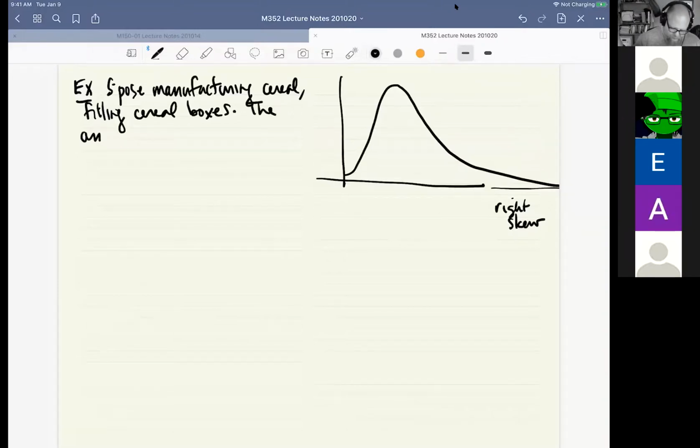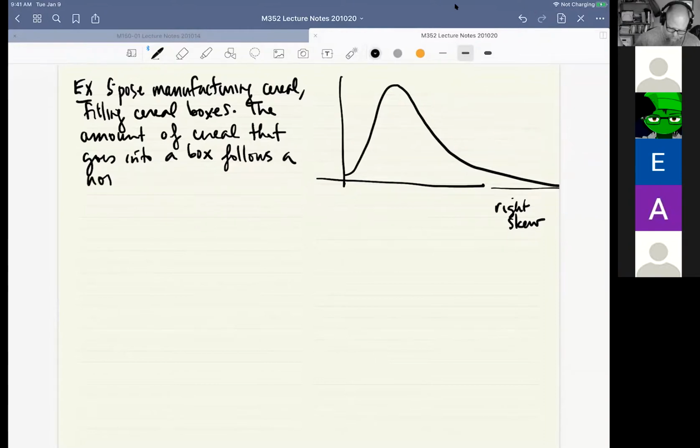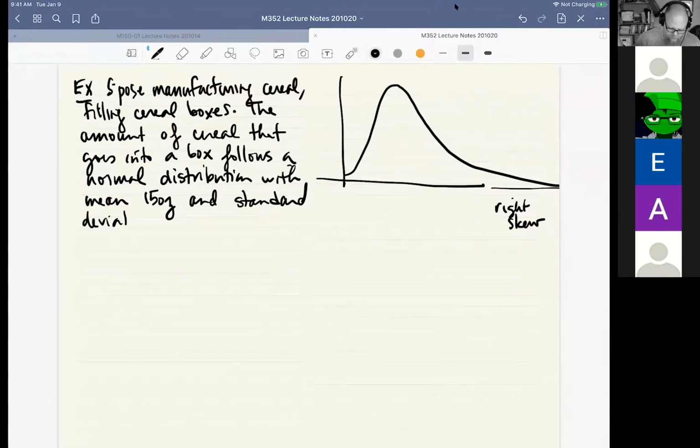The amount of cereal that goes into a box follows a normal distribution with mean that's 15 ounces and standard deviation that's 0.5 ounces.